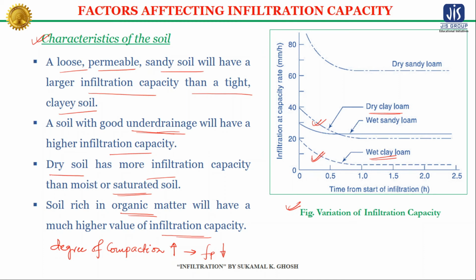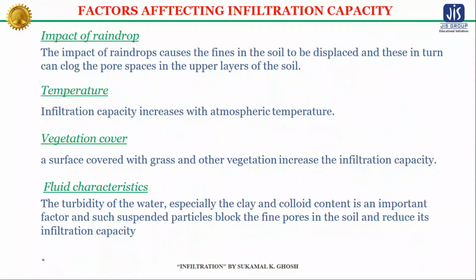Now, how does the raindrop impact the infiltration capacity? See, if the impact of raindrop is more, the amount of infiltration is less, and vice versa. Actually, the impact of raindrop leads to the dispersion of soil, or you can say the impact of raindrop causes the displacement of the soil.